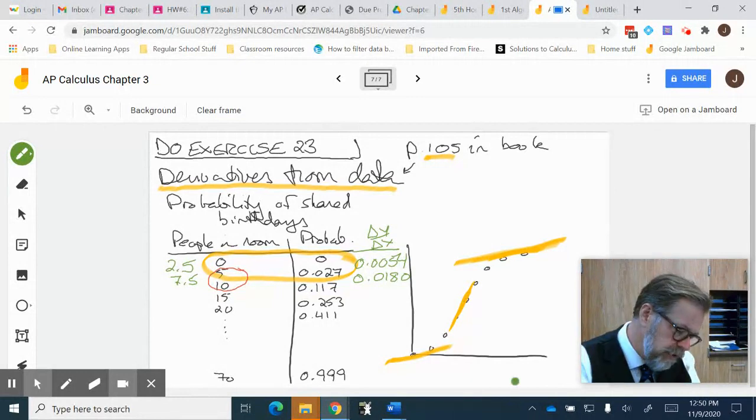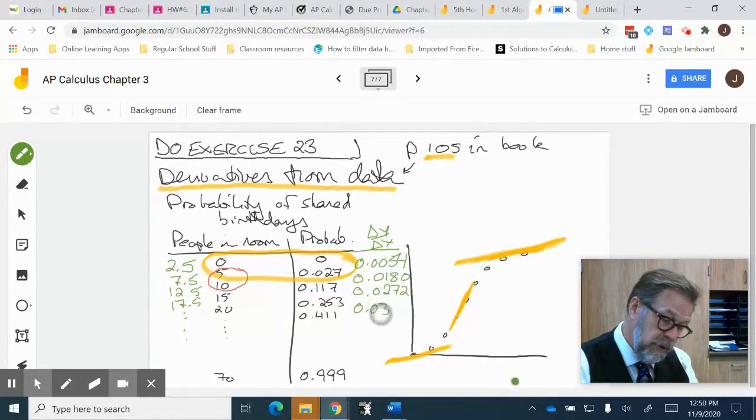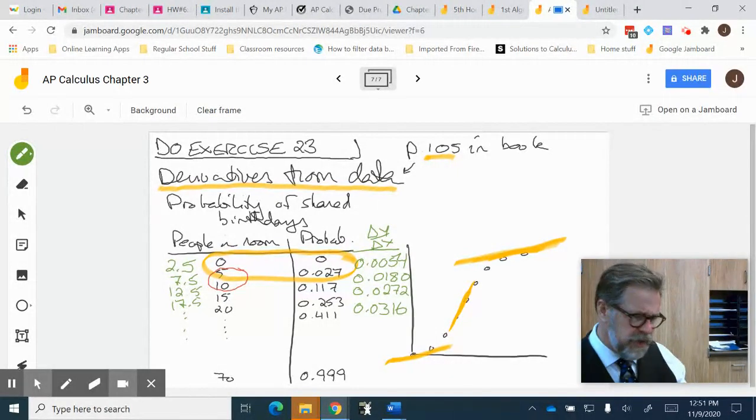And we'll do this for 12.5, we'll do this for 17.5, and so on all the way down. Again, page 105, you'll notice there's a complete table with all of the values, and we can go down to 0.0316. I'm not going to show you all of them because I think it's pretty obvious.